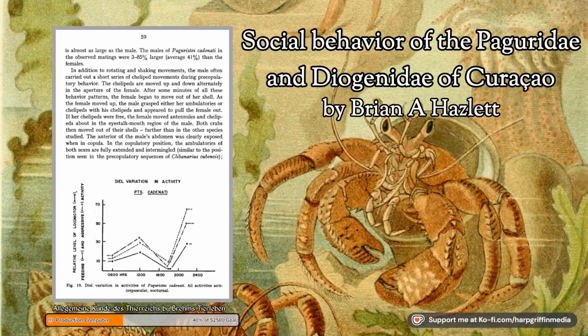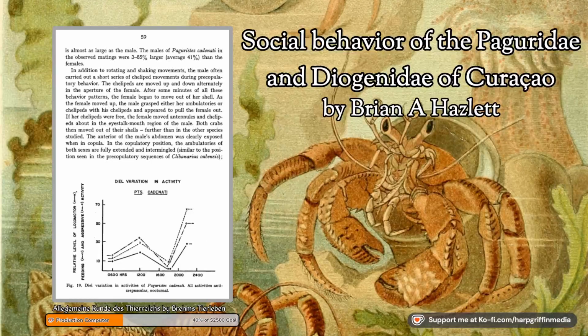After some minutes of all these behavior patterns, the female began to move out of her shell. As the female moved up, the male grasped either her ambulatories or chelipeds with his chelipeds and appeared to pull the female out. If her chelipeds were free, the female moved antennules and chelipeds about in the eyestalk-mouth region of the male.